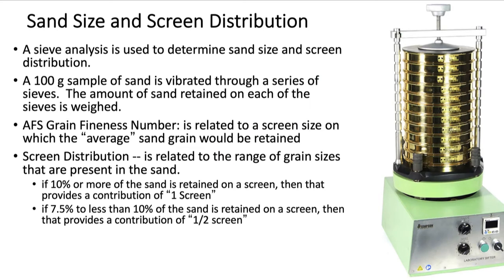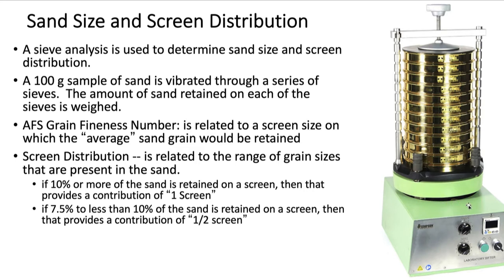Next test we're going to talk about is the sieve analysis. And we have this piece of equipment. We're going to do some calculations with this. But essentially, you put 100 grams of sand at the top of that sieve on the first sieve, and then you allow the sand grains to fall as this whole thing vibrates.